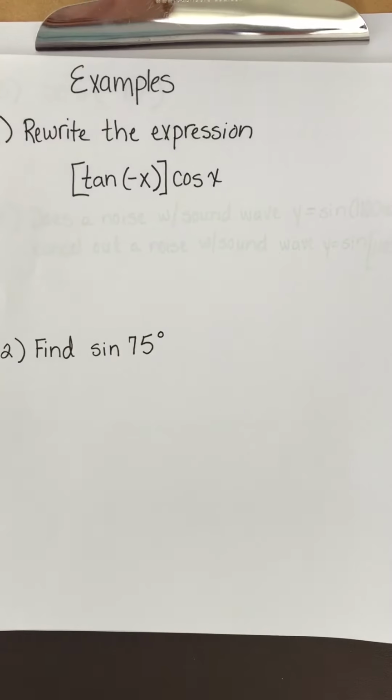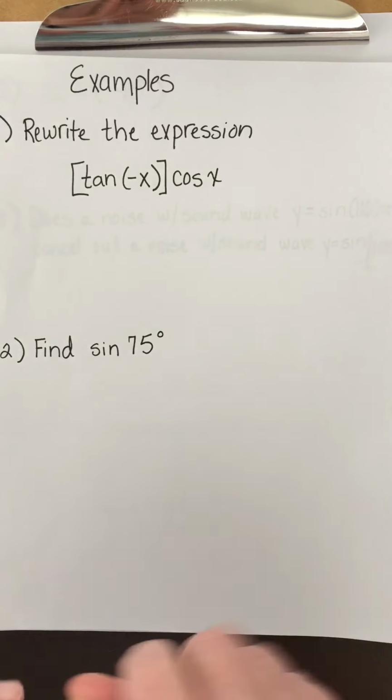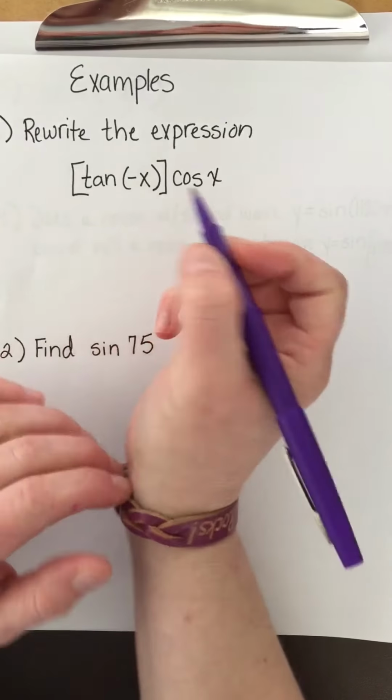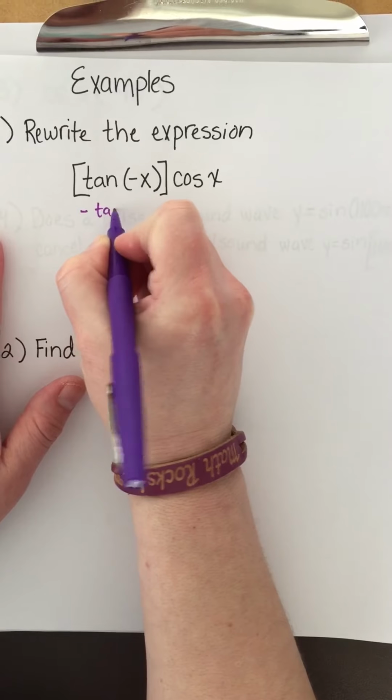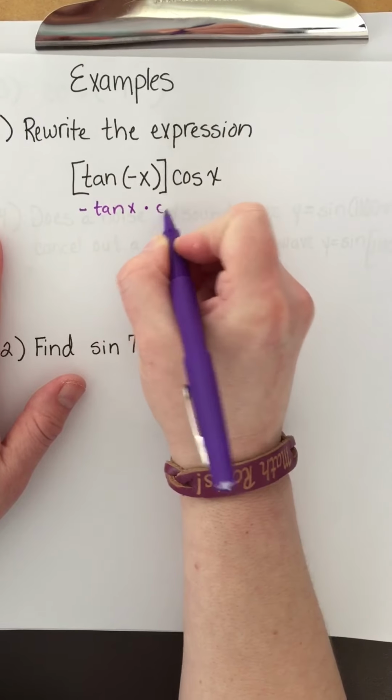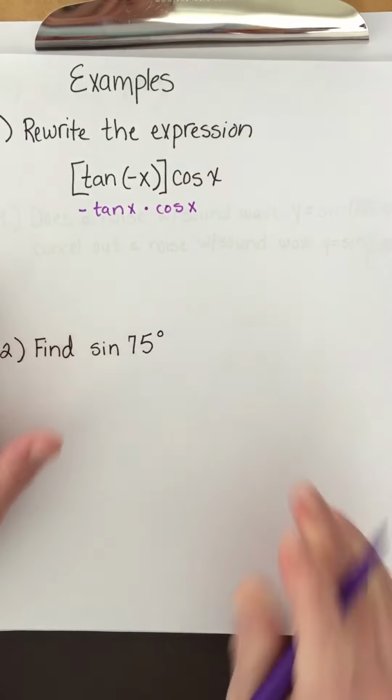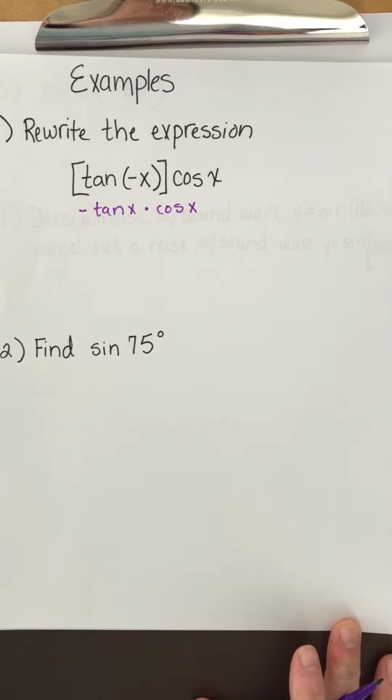First thing I notice is I have the tangent of negative x, and we have to ask ourselves, is tangent an even or an odd function? Tangent is an odd function. So what we can do is rewrite that as the negative tangent of x times the cosine of x. What else do we know about tangent?